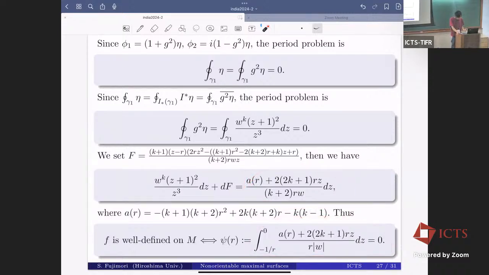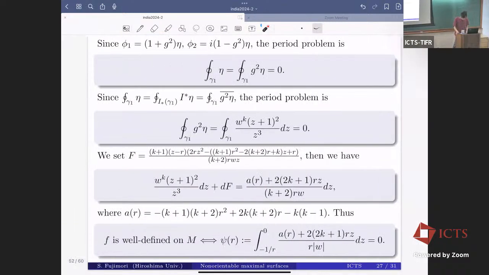So if we take the integral going this way and this way, we have 2 times this. If we say this equals 0, then the period problem is solved. So we consider this.